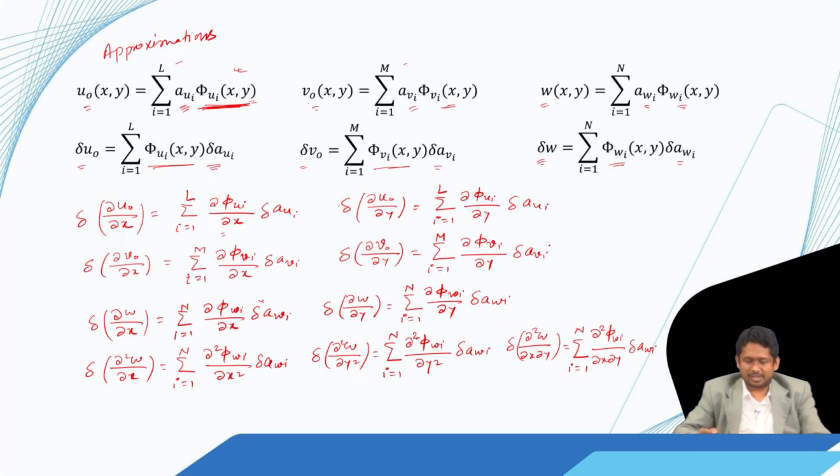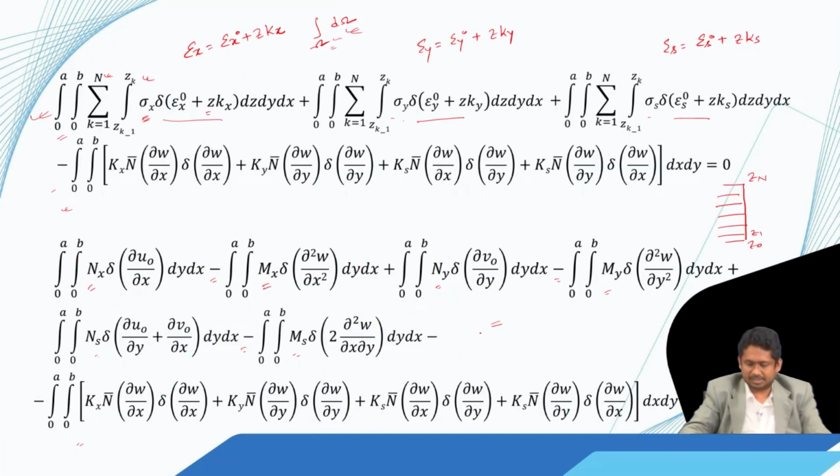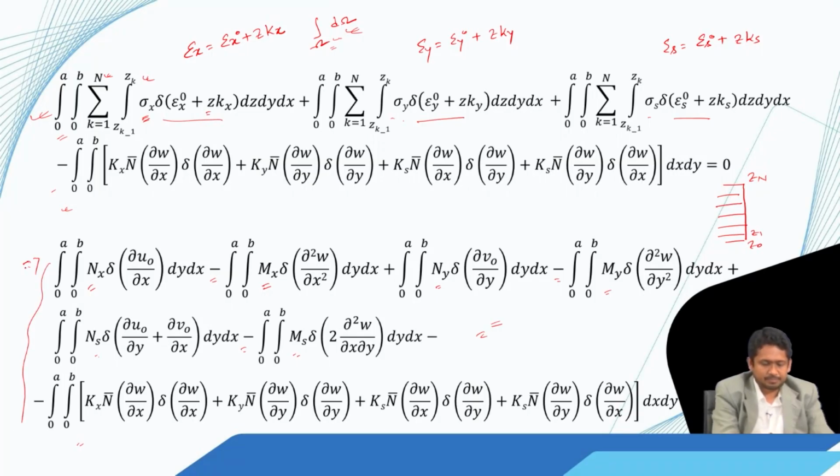Now if I put everything in this expression, we can express this entire quantity as functions of AUI, AVI and AWI, and we will have their variations also. So let us do that. First let us write this quantity in terms of the approximations that we have made so far.